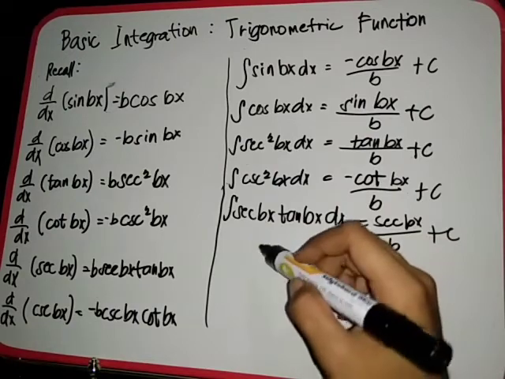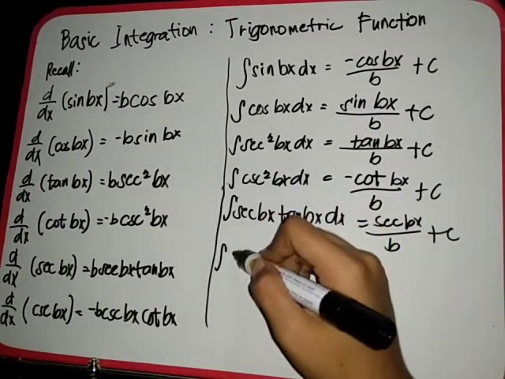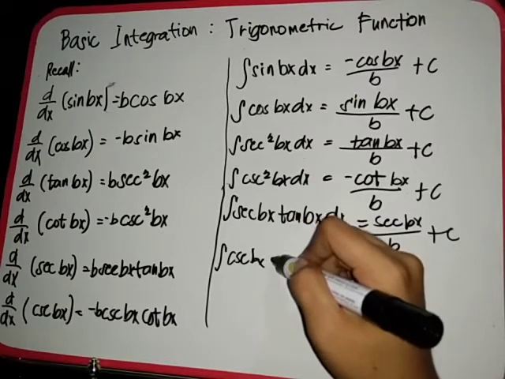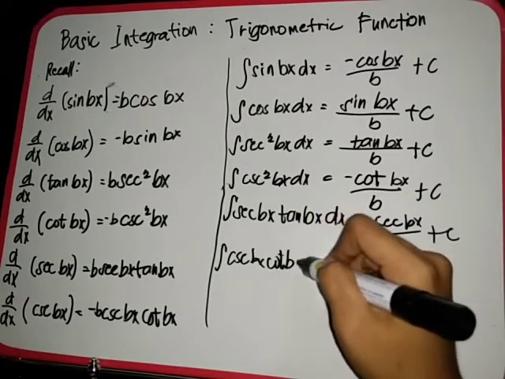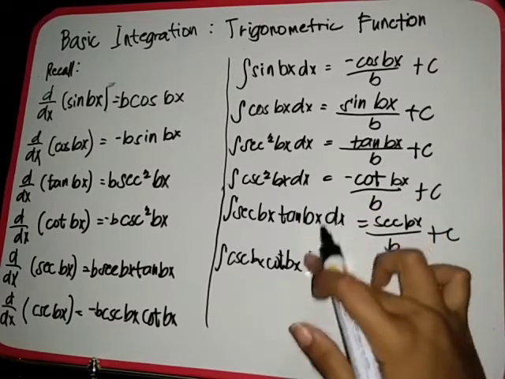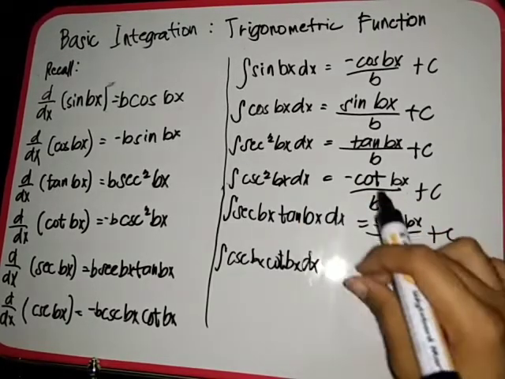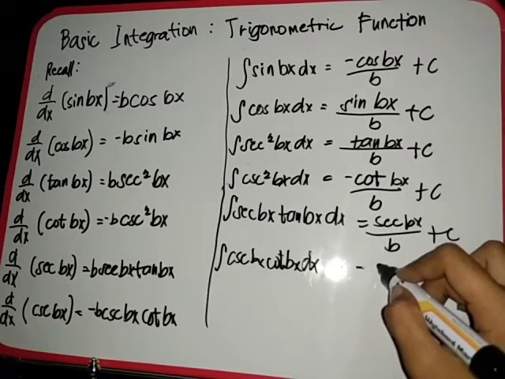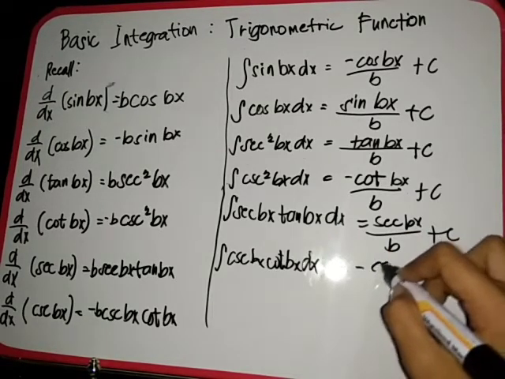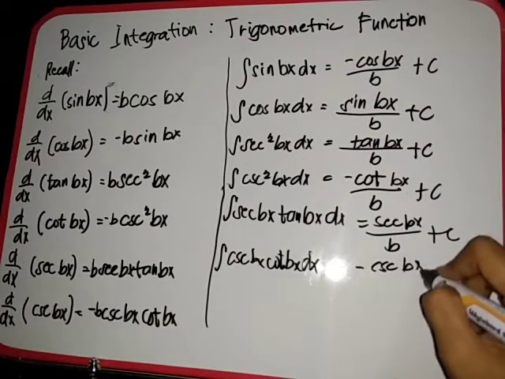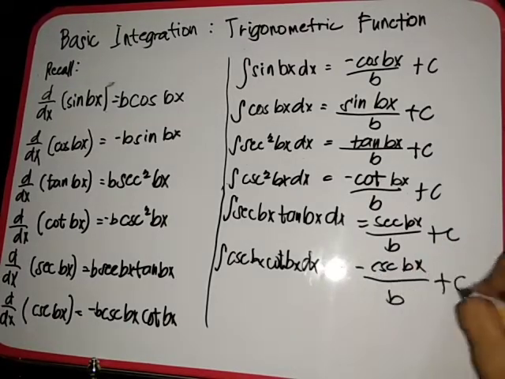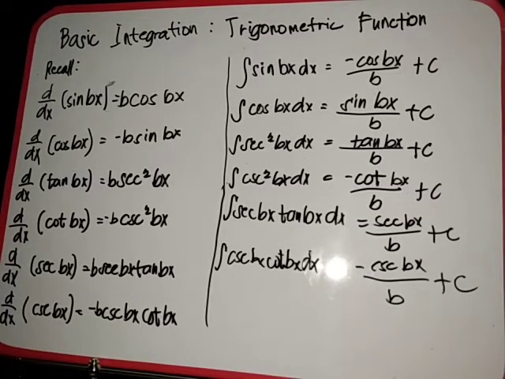And then the integral of cosecant bx cotangent bx dx is equal to negative cosecant bx over b plus c. So as you can see, their signs are not the same, or let us say they are reversed. So let's have an example.